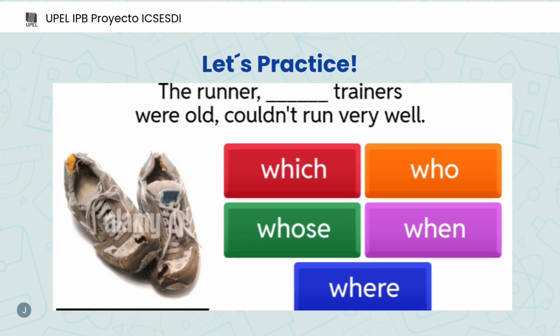The runner whose trainers were old couldn't run very well. That's excellent. And this is an adjective clause. Why? Because I'm talking about the runner, and the information about the trainers is for me to know about the runner I'm talking about. The real important information, or the focus of the sentence, is the runner that couldn't run very well.